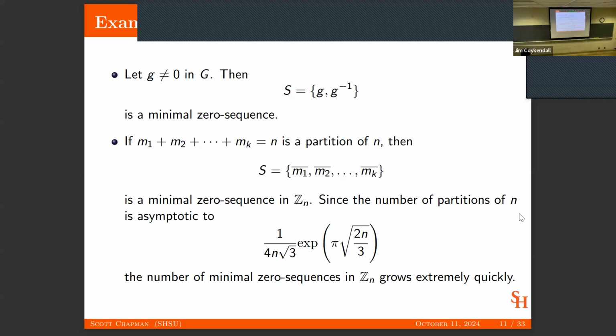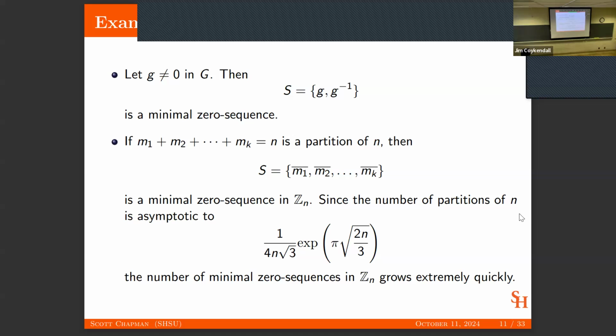Now, again, I'm going to borrow this from combinatorial number theory. The number of partitions of an integer is asymptotic to this thing. So as n gets big, the number of partitions is not nice. Okay, it grows exponentially. If you're interested in the question, how many minimal zero sequences does Z mod n have? You can start computing that number, and when you get to like Z11 or Z12, the computer starts to cough.